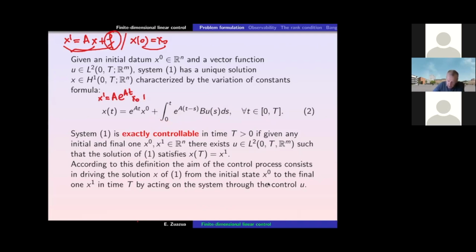So I will get the value of the integrand at s equal to t, and this will give me exponential of (t minus t)A, which is exponential of 0, the identity. So I will simply get here plus B U(t), but I will also get a term in which I compute the derivative within the integrand, and this will give me another A term.